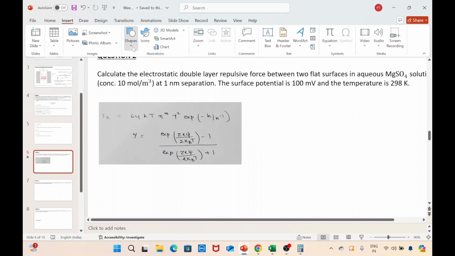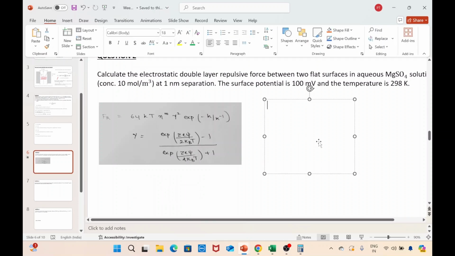Meanwhile, let me write down the parameters. Magnesium sulfate has a Z value of 2. It's symmetric.